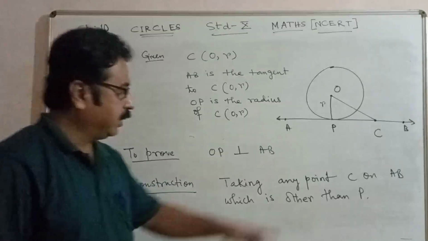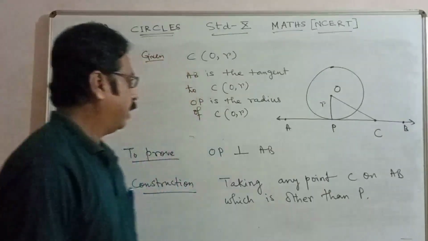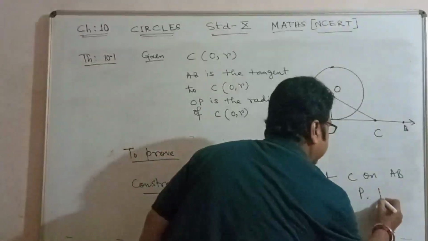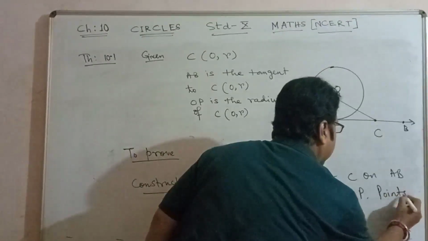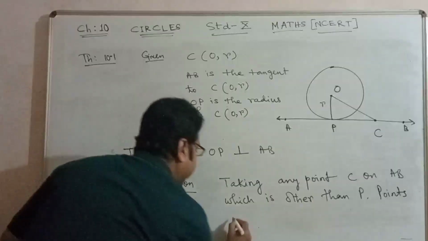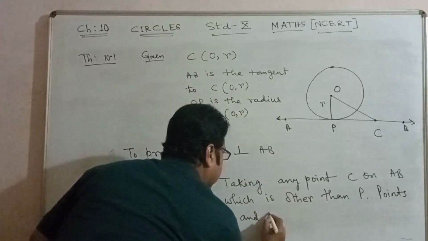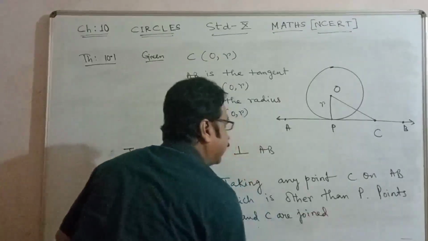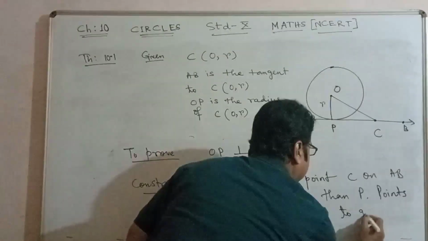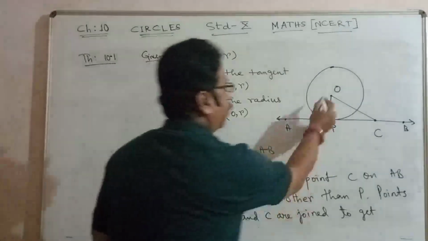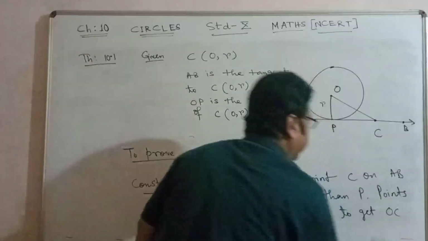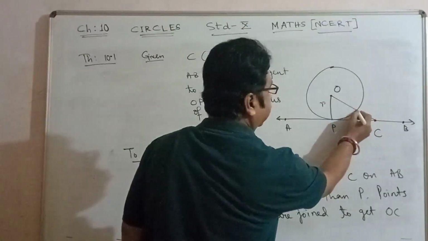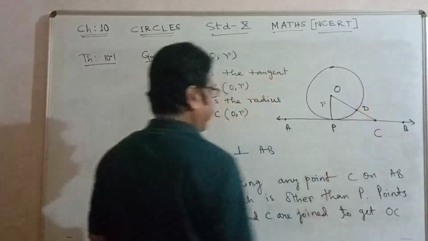We are not taking this point, we are taking any other point. After that, points O and C are joined. Let OC intersect the circle at the point D.